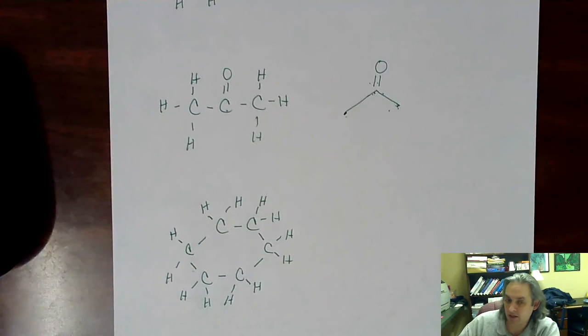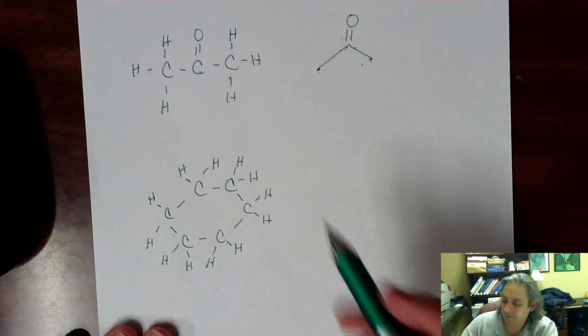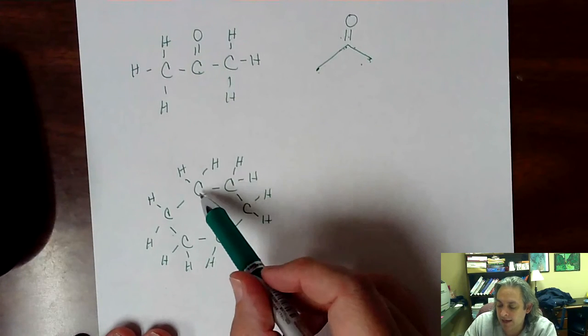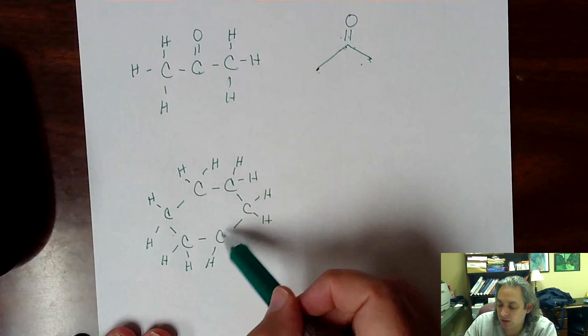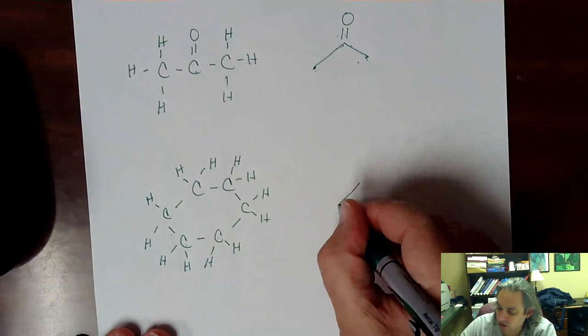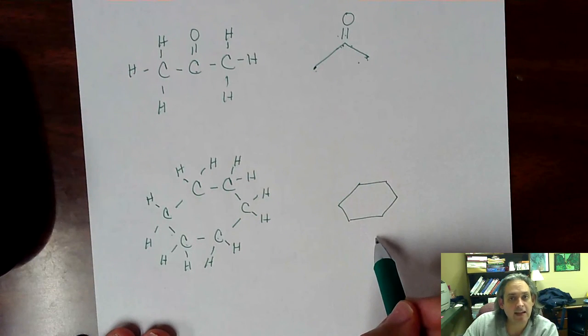Now, what about this molecule? This is a cyclic hydrocarbon. And so we draw cyclic hydrocarbons exactly the same way. We have 1, 2, 3, 4, 5, 6. So what we're going to do is draw a 6-sided figure, a figure that has 6 points.